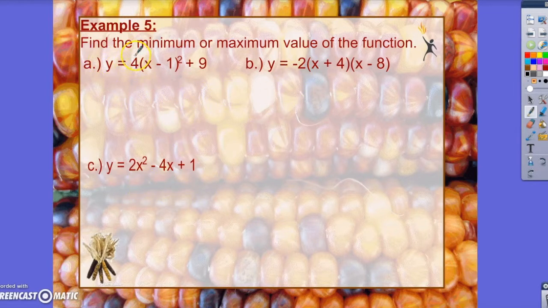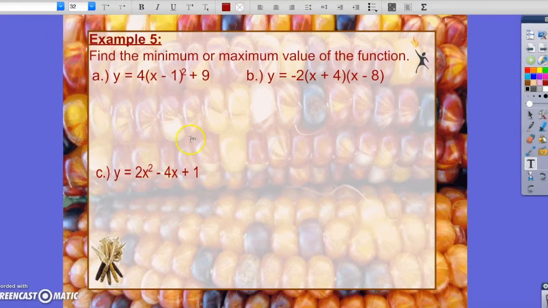So here in A, my A is 4. 4 is positive, so we know it's going to open up. In B, my A is -2. It's negative, so it opens down. And in C, my A is 2. It's positive, so it opens up. So you have a basic idea of if it opens up or down, but that doesn't tell us what the max or min is.